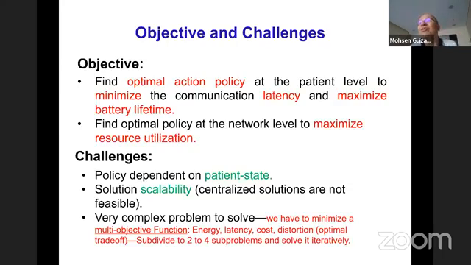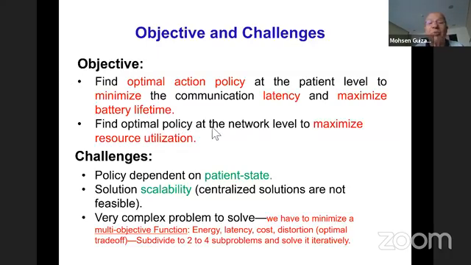We want these elderly patients to use the battery for as long as possible, so that we don't have to replace the battery more frequently.